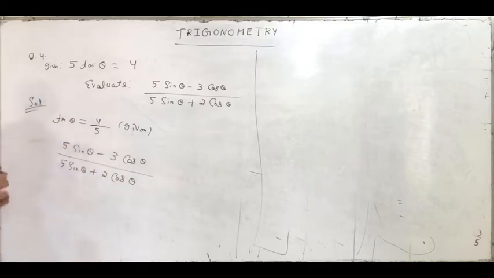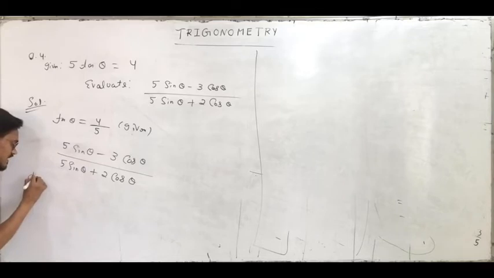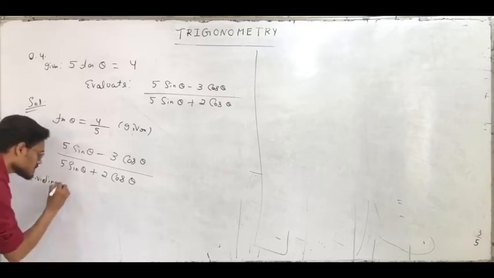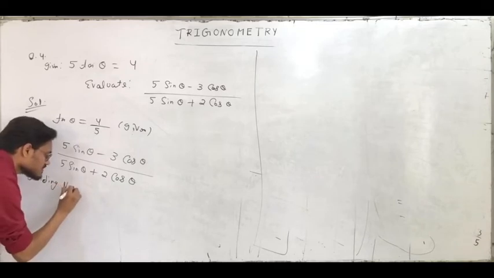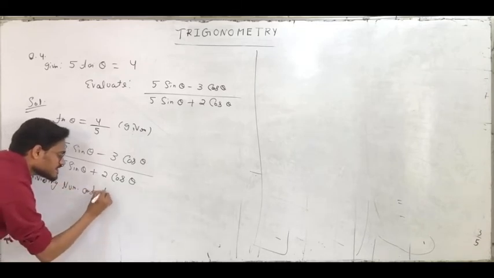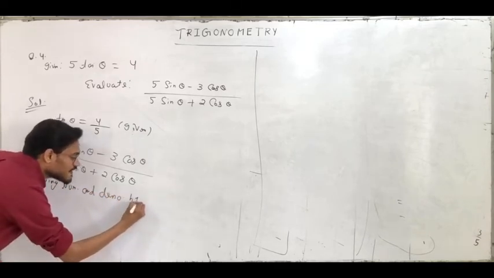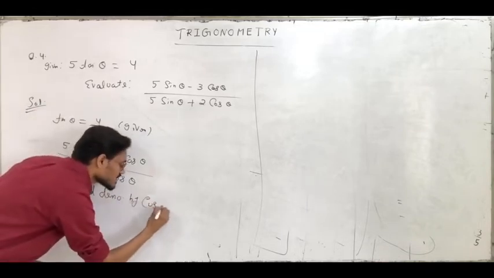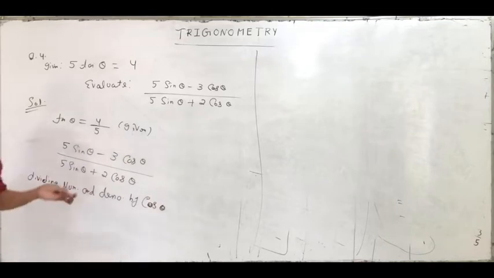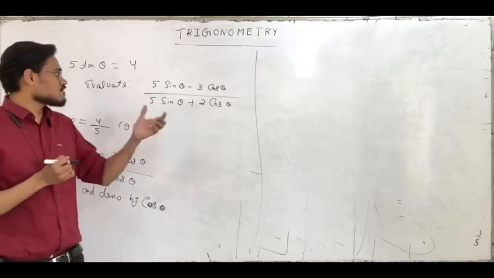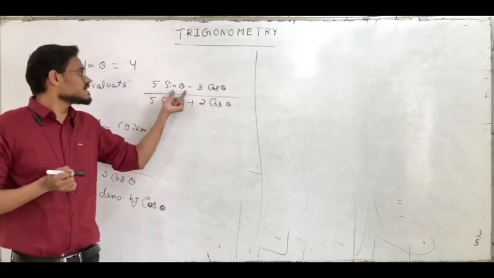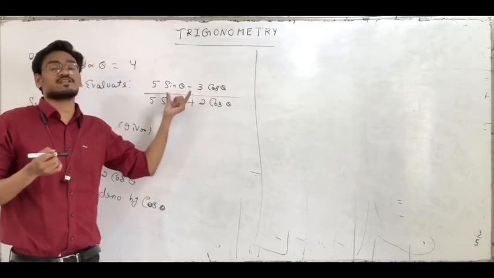Now what we are doing, we are dividing numerator and denominator by cos theta, because I know sin theta upon cos theta will become tan theta. Either you can understand it in this way also, just take cos theta common in the numerator and denominator.